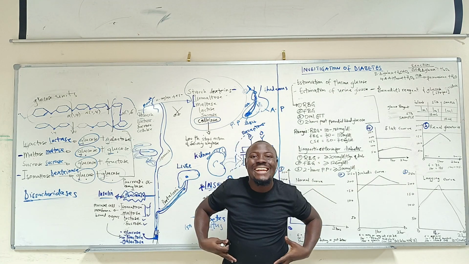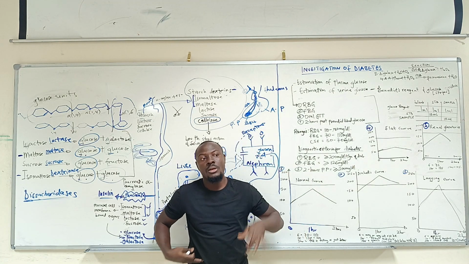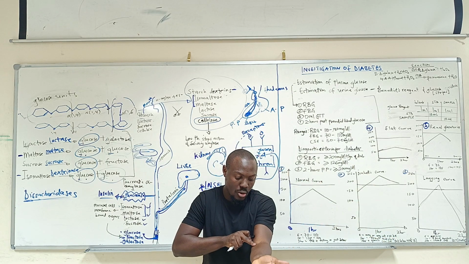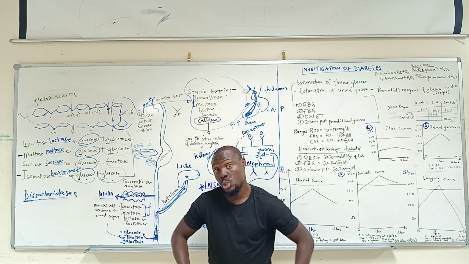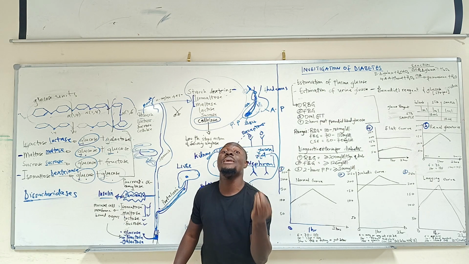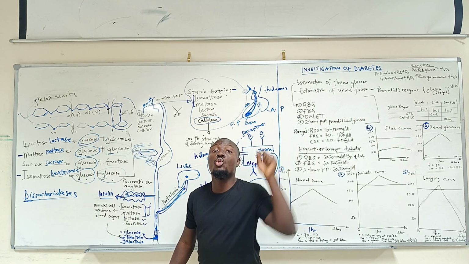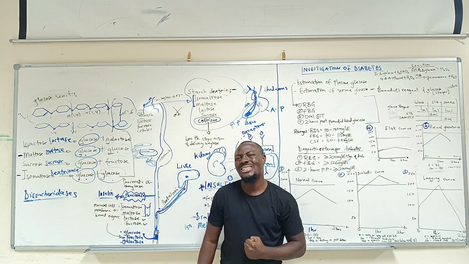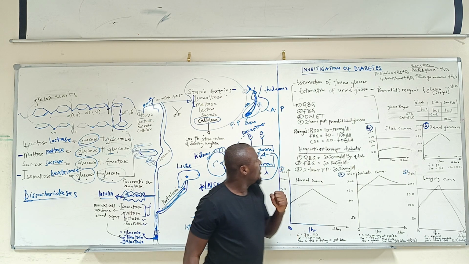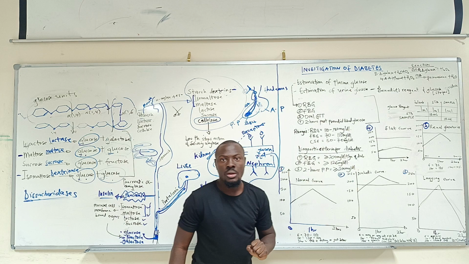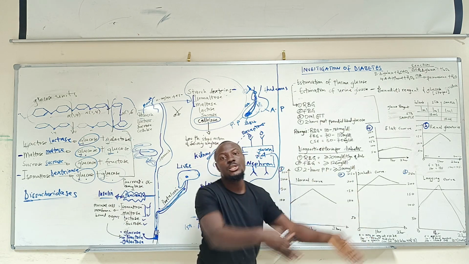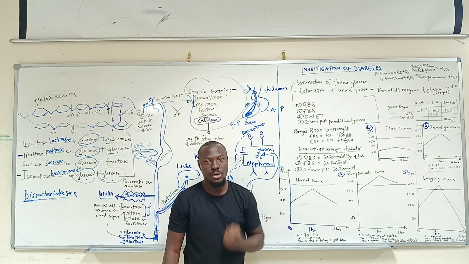So you have to stay in that state of fasting. So you get to the hospital early morning, then the doctor can take your blood sample and also your urine sample in order to measure the amount of sugar or glucose inside your sample. And that is why we refer to it as the fasting blood glucose. In other words, we took your sample when you were in the state of fasting. So fasting blood glucose.